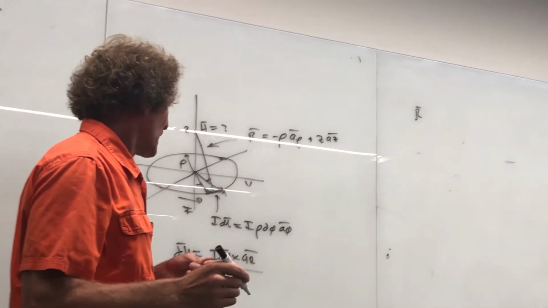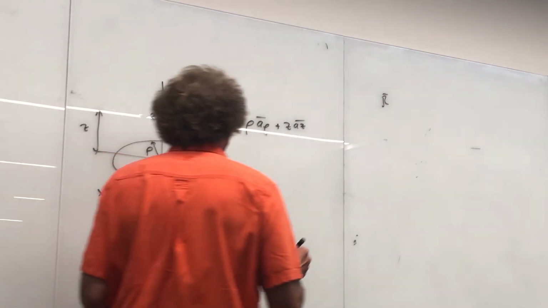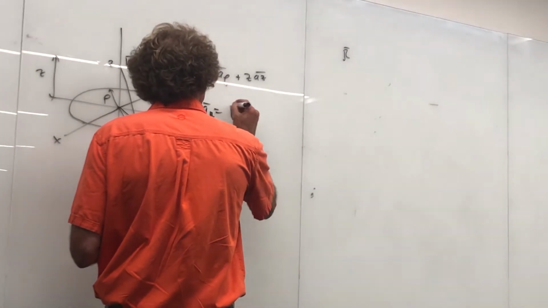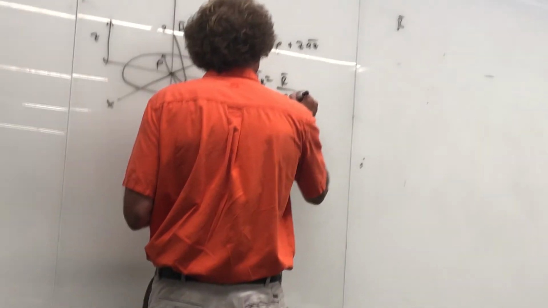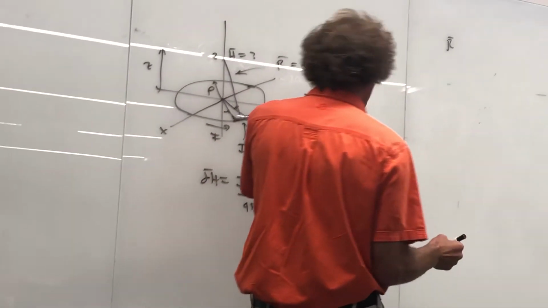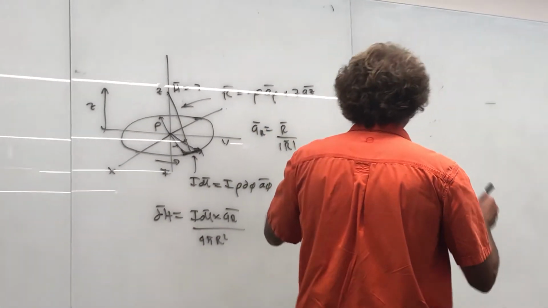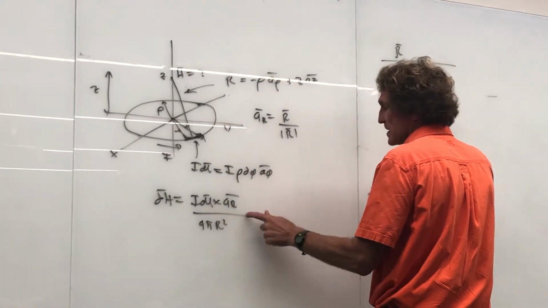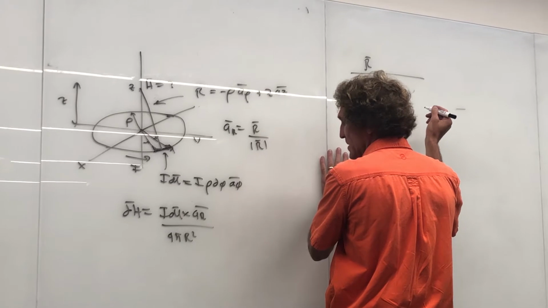Right. We have that. Now, we'd say the unit vector aR is simply R vector over the magnitude of R, which is just the square root of rho squared plus z squared. So now that I have all that, I construct this and execute the integration.